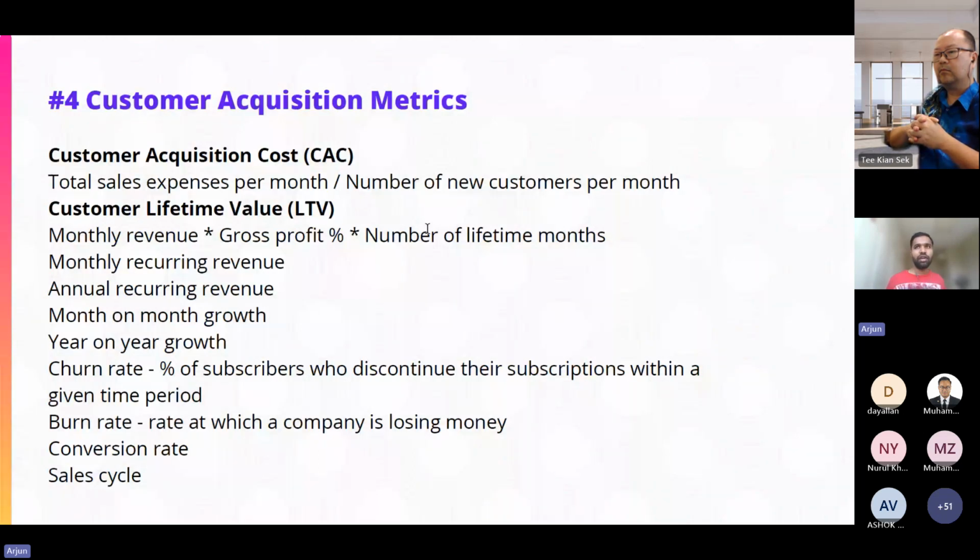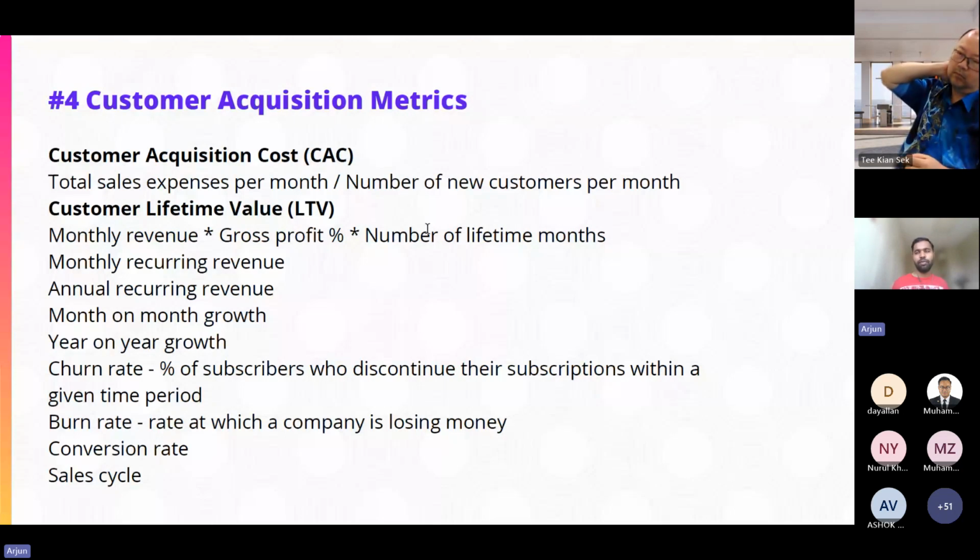Churn rate means customers stopping buying products from the company. So this is called churn rate. How many customers have stopped buying the products in a repeated way? And then there is burn rate, how much money your company is spending every month.